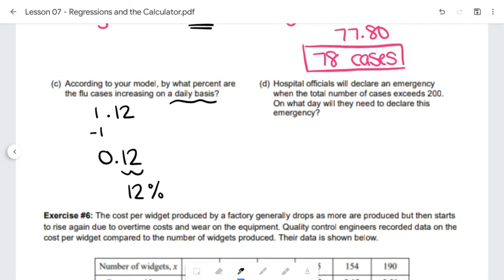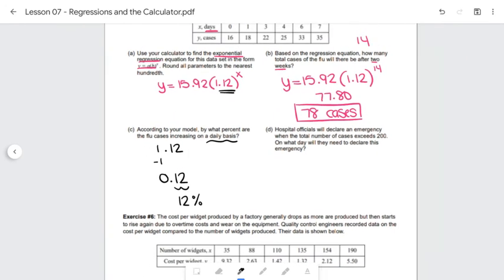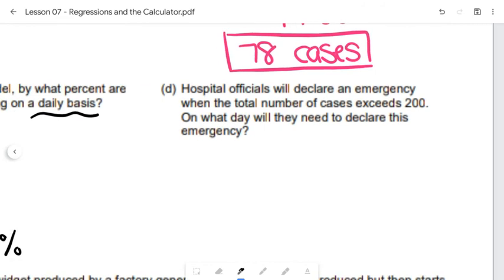Now, hospital officials will declare an emergency when the total number of cases exceeds 200. On what day will they need to declare this emergency? So it needs to exceed 200, so we need to think about that too.